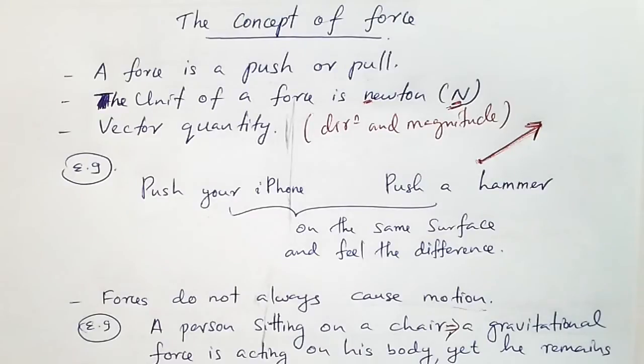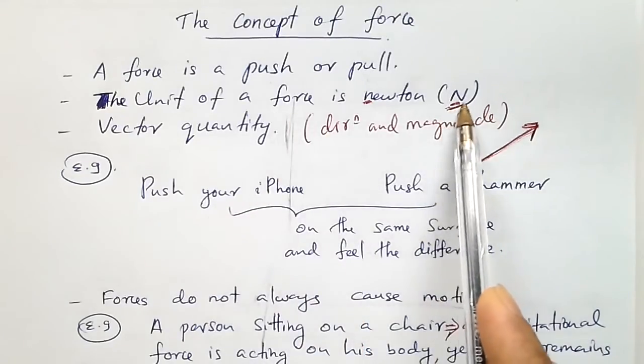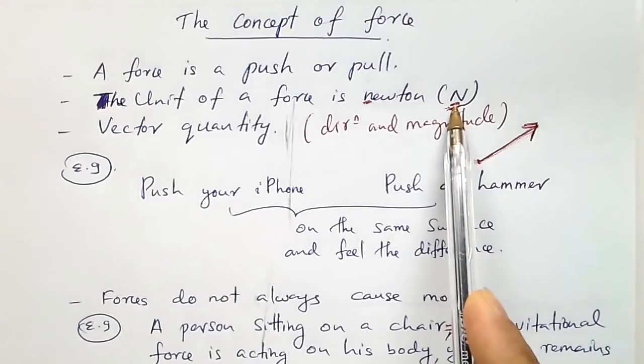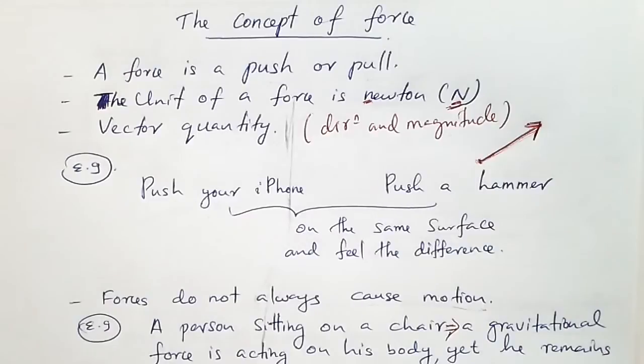And what is the unit of the force? The unit is written using capital N. So this is our unit of a force. And also, force is a vector quantity, meaning it has direction as well as magnitude.